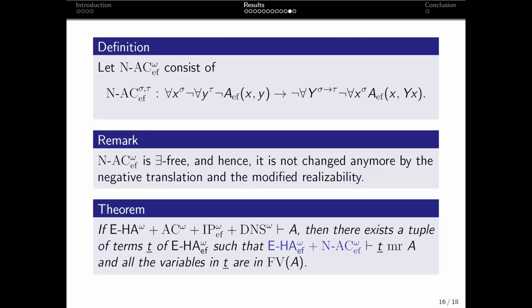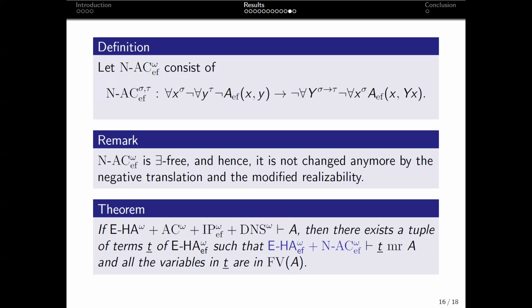Now we consider this new principle, NAC-EF^ω. Actually, this is basically the negative translation of AC^ω. Exists y is replaced by not-for-all y not, and this exists large Y is replaced by not-for-all Y not, right?